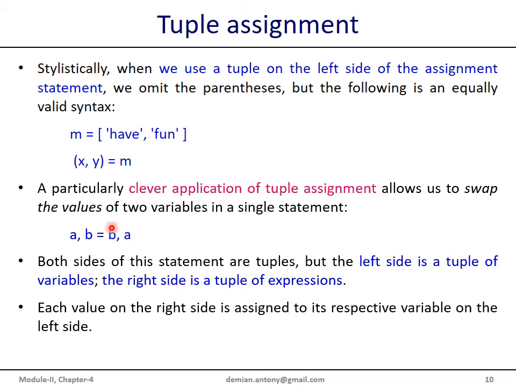So first this expression, with only one variable, is evaluated, and the value of this expression evaluation is stored in a temporary variable by the interpreter. Similarly, the second expression is evaluated, and the result of evaluation is stored in a temporary variable by the interpreter.